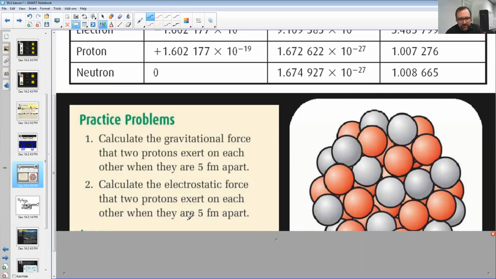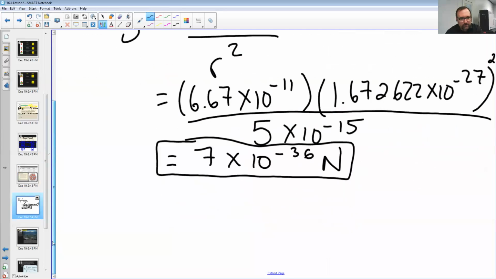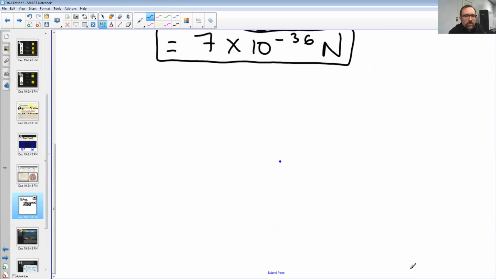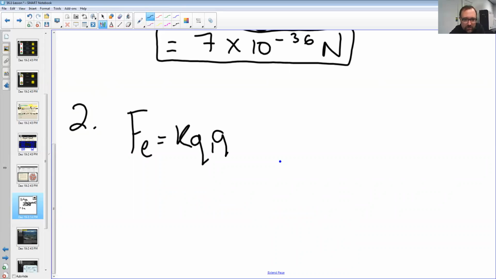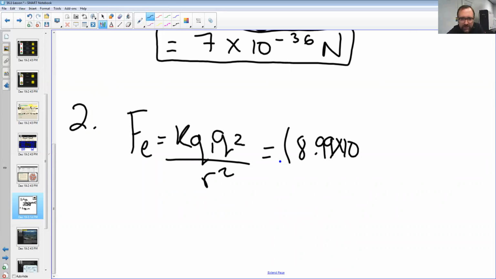So let's do the same thing as we did earlier. For the second part of the question, number 2 here, electrostatic, so we're using Fe equals k Q1 times Q2 over r squared. Our constant is 8.99 times 10 to the 9.